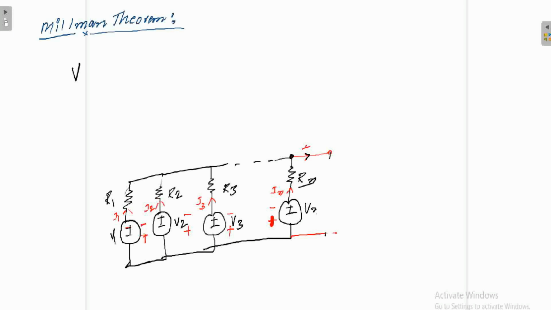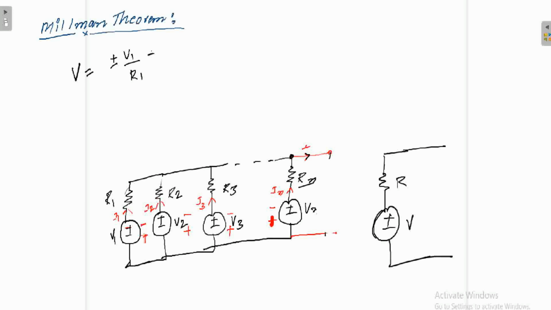Simply you can write V is equal to this, where this is your V and this is your R. V is equal to plus or minus V1 by R1 plus or minus V2 by R2 plus or minus V3 by R3 up to Vn by Rn.